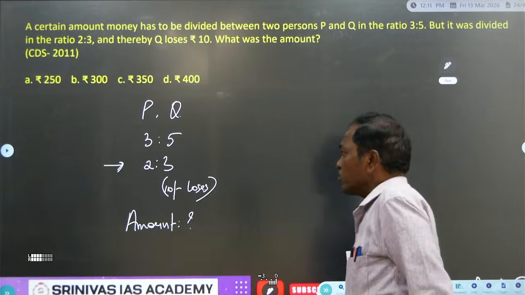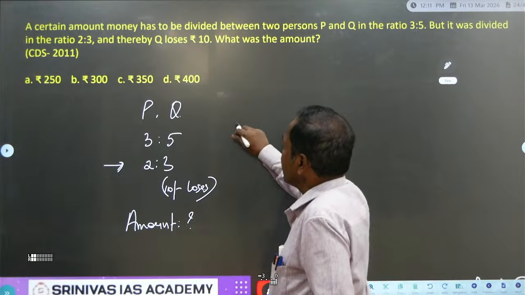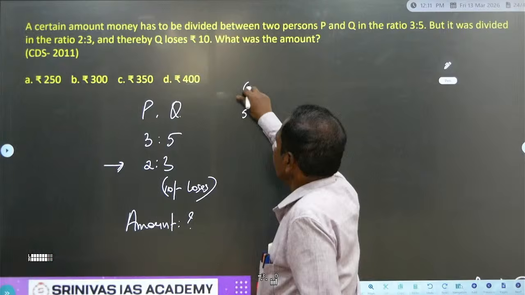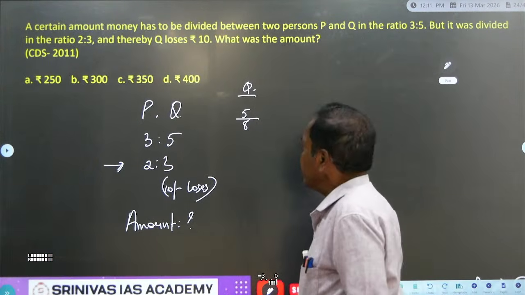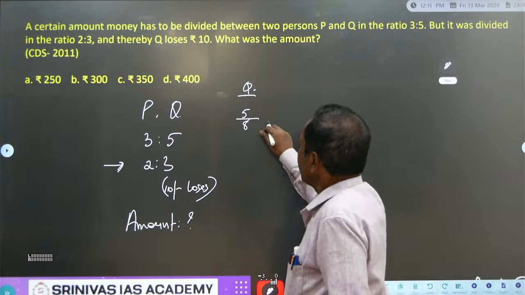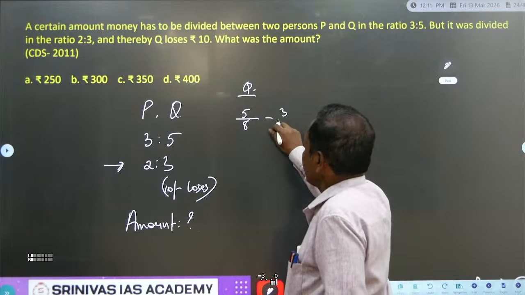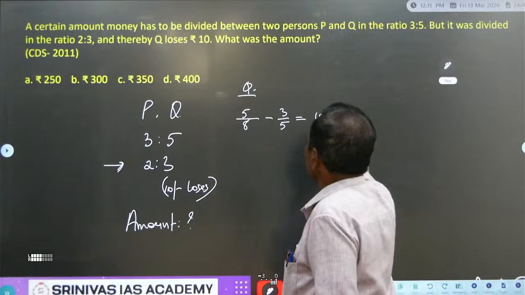You have to compare what Q is supposed to get, the proportion of Q. Q's proportion is 5 out of 8. He was supposed to get 5 by 8, but what he got was 3 out of 5. See, it gives the rupees loss.